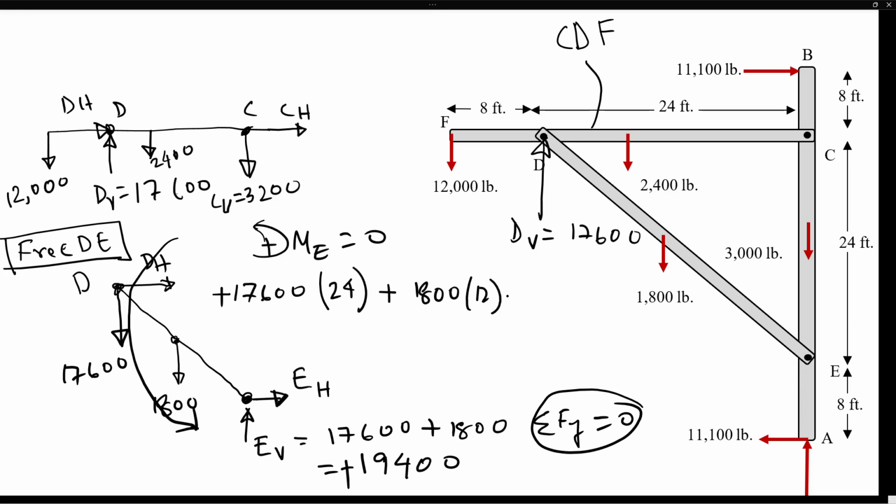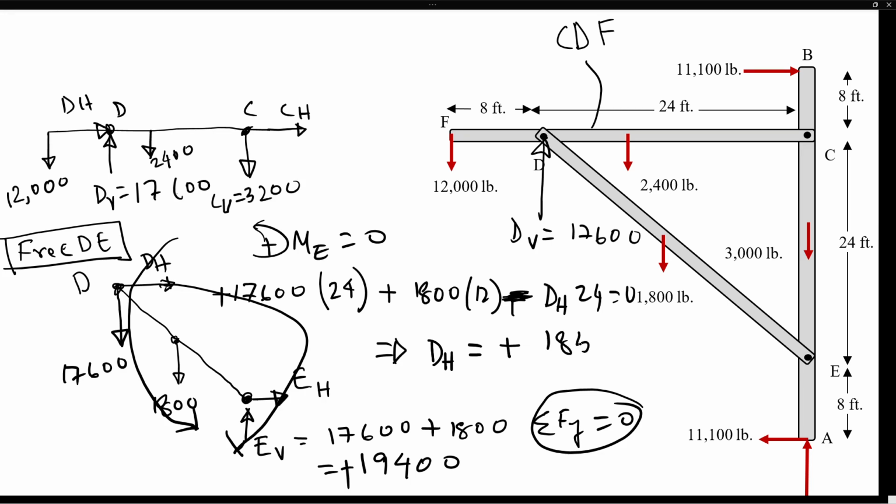However, it's only 12 foot away from E. And also that DH, the horizontal component, will do clockwise with respect to point E. So that's going to be minus DH, and that is 24 foot away from E. Everything summed to 0. So then DH will be plus 18,500.